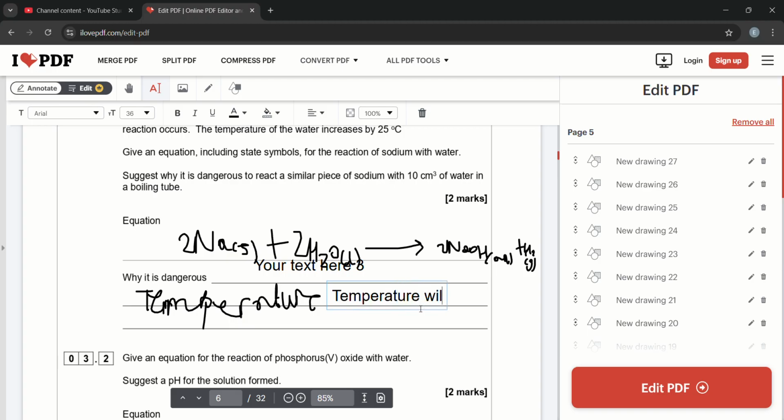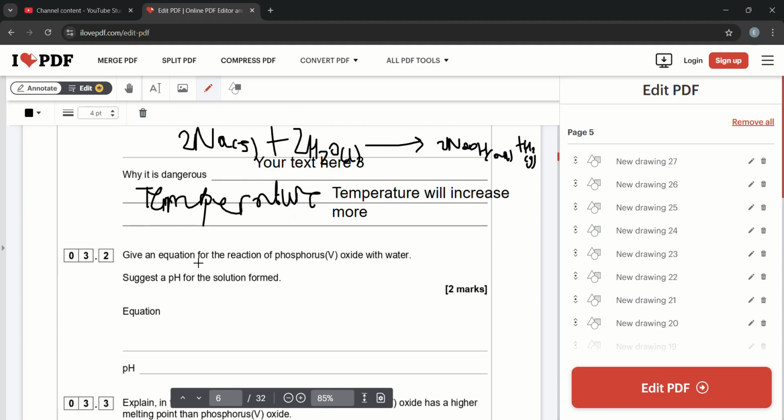Temperature will increase more. And obviously, if the temperature is increasing even more, it's going to become more dangerous to use in a boiling tube, because the hydrogen is flammable, the glass could shatter, and the mixture could explode.